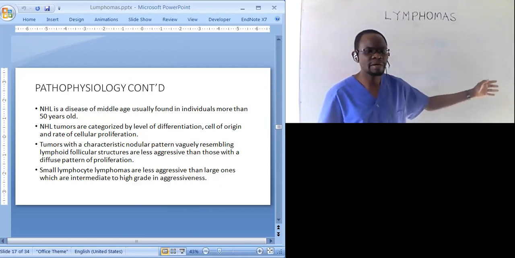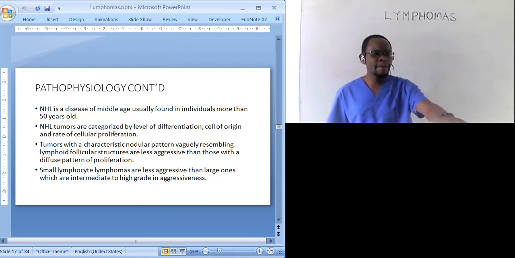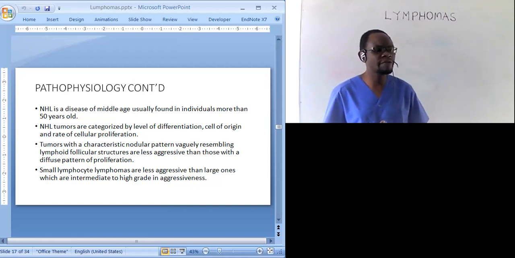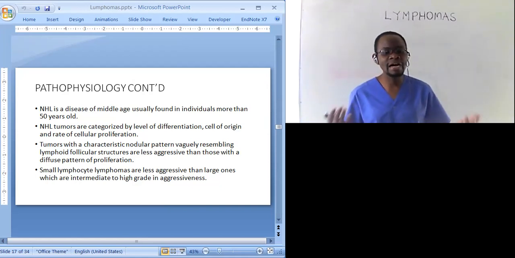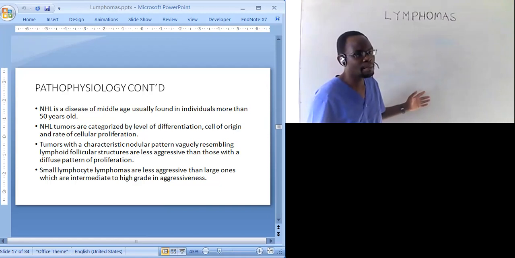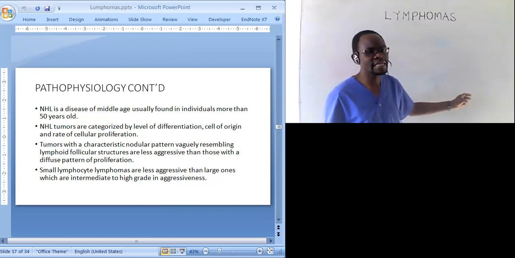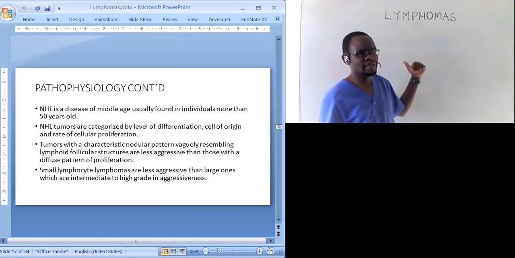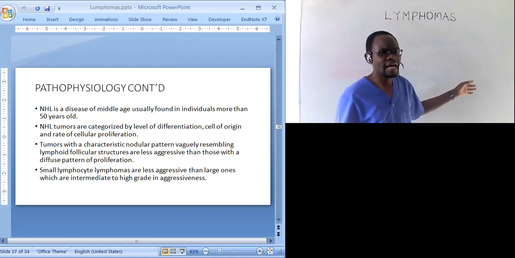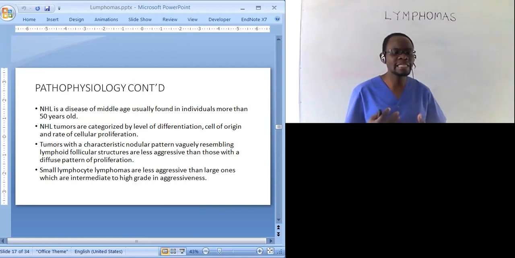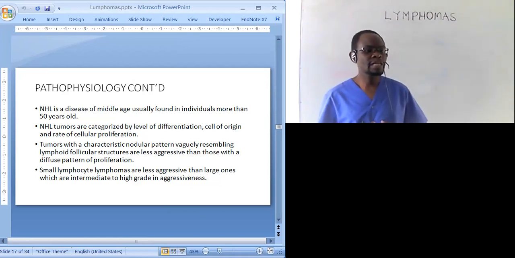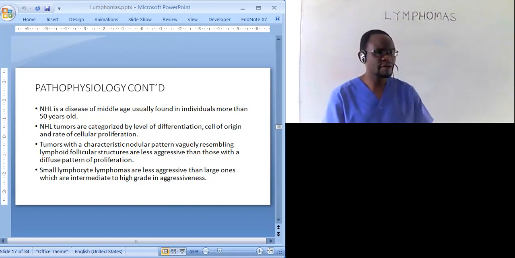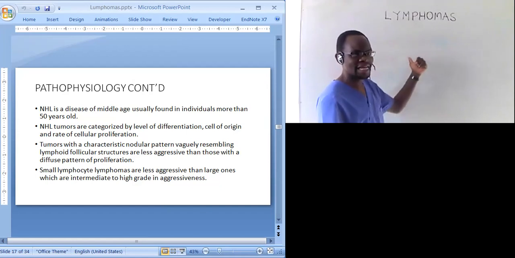So in this context, the small lymphocytic lymphomas are less aggressive because they are less dividing, more differentiated than the blastic, and even smaller.